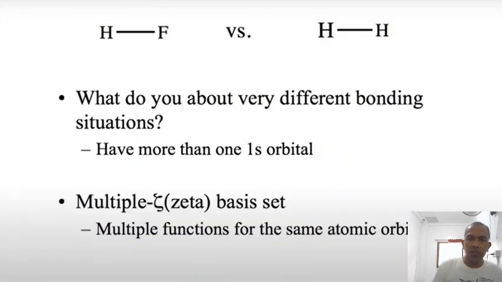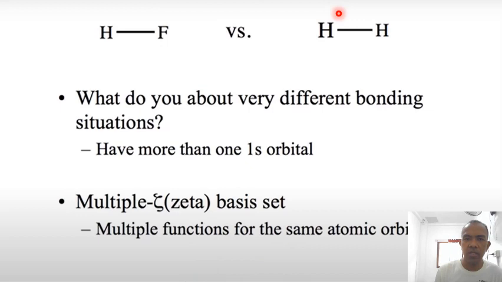So here is an interesting question. Think of hydrogen fluoride compared to the hydrogen bonding in molecular hydrogen. The bonding is very different. Fluorine, being much more electronegative, pulls density away from the hydrogen atom.